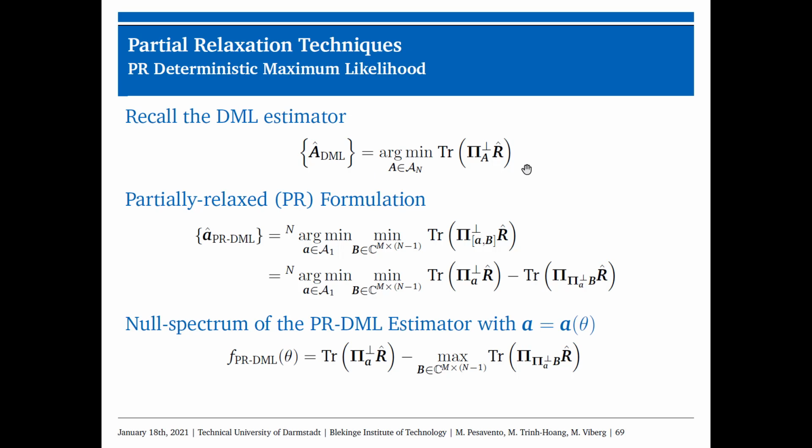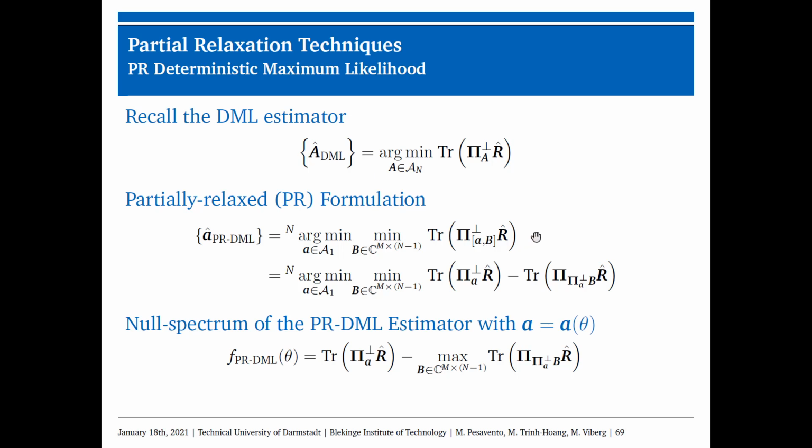When we adopt the PR framework, in this case, we have to decompose the steering matrix A into two components. One structured column A, which is the desired direction that we are considering, and the remaining columns are relaxed in the B matrix.